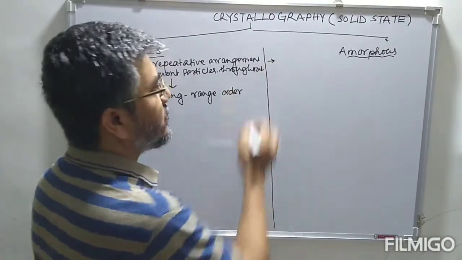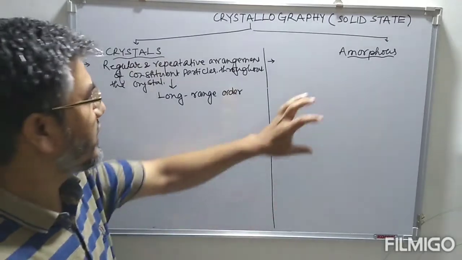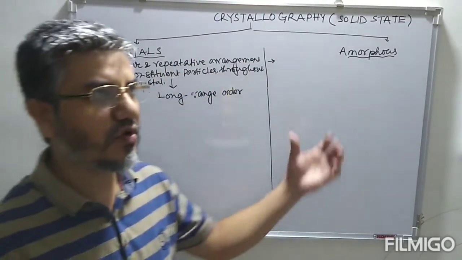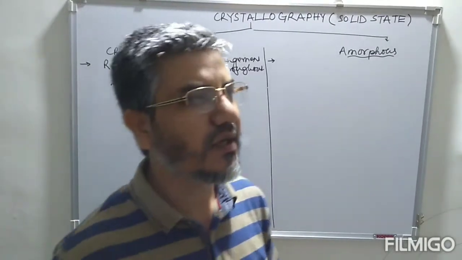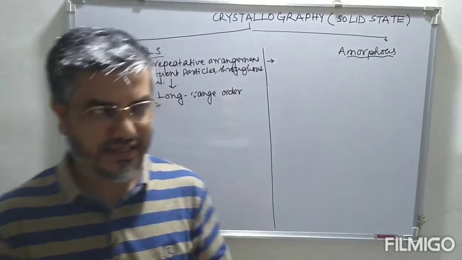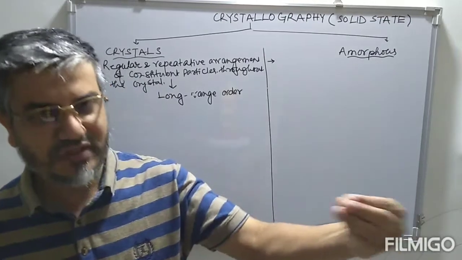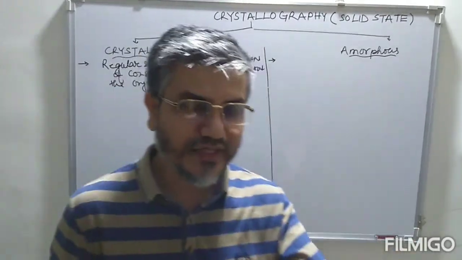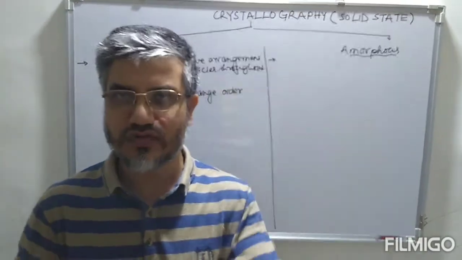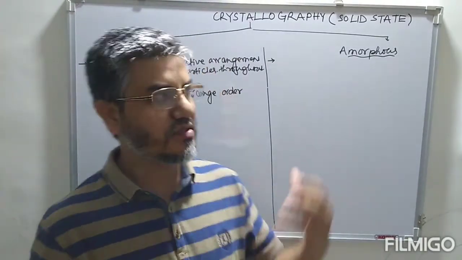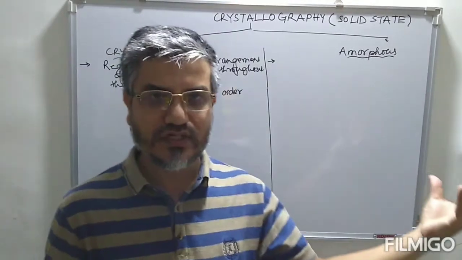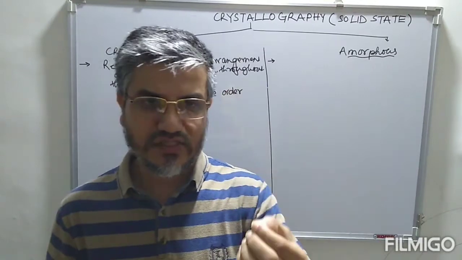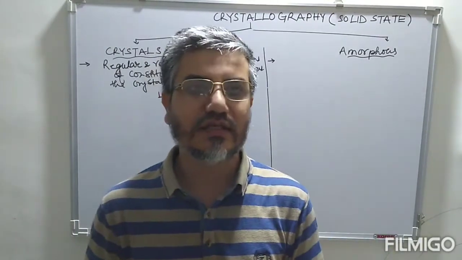Whereas in case of amorphous solid, there is no regularity in the arrangement of the constituent particles, but this regularity is only up to a very short distance or a limited range. Beyond this, there is no regularity. So simply we say, in case of amorphous solids, there is no regular arrangement, and if at all there is a regularity, that regularity is only up to a certain limited distance.